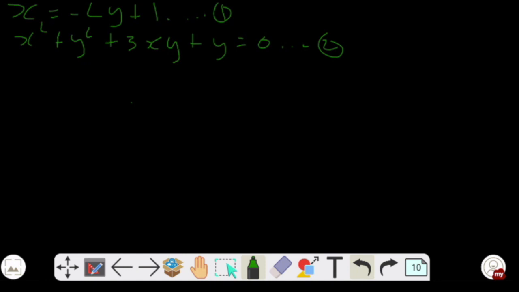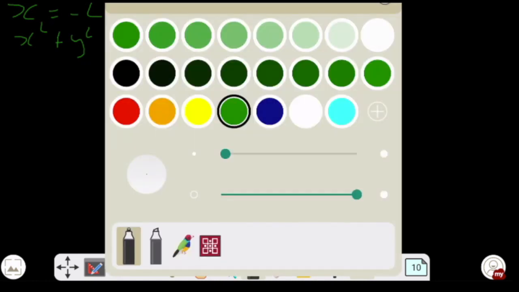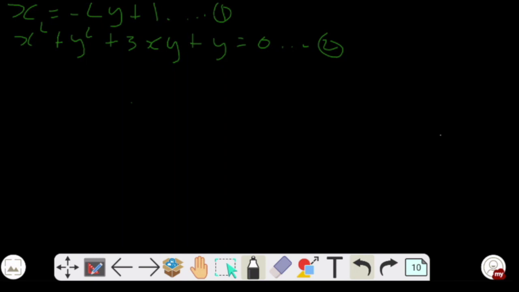Now, like I said, wherever you see your x, you put minus 2y plus 1, right?